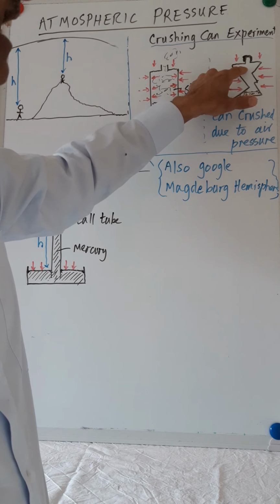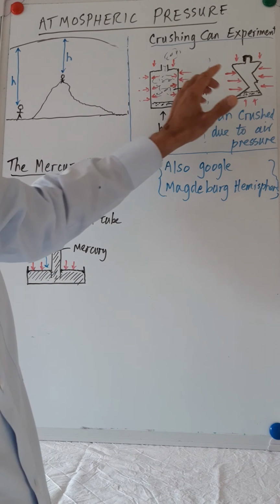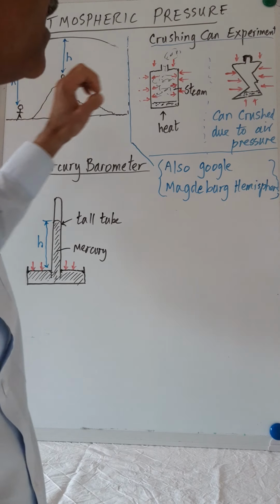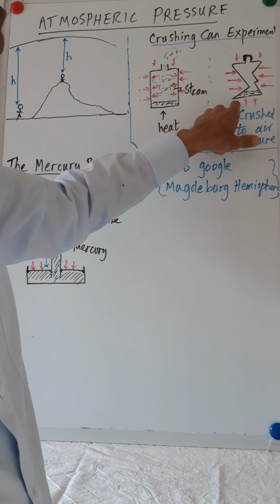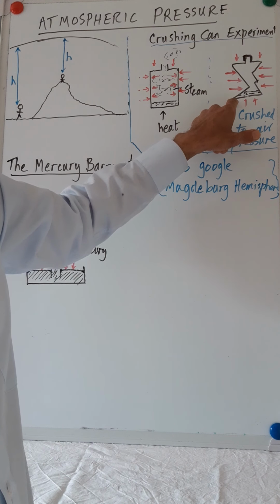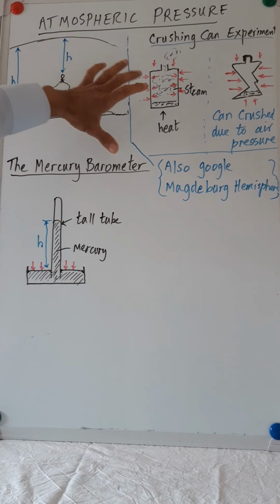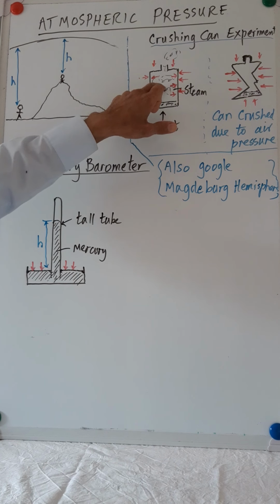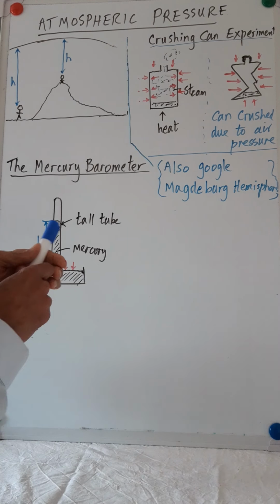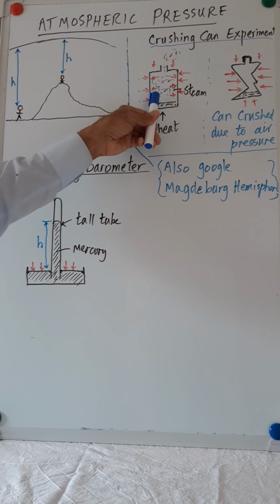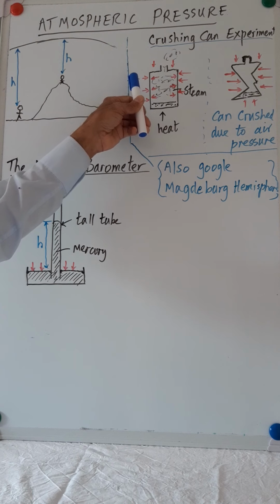Now, when there is a vacuum inside, you'll find that the air pressure squeezes the can and it crushes into this kind of shape. Here the can didn't get crushed because it was open to the air, and there's air inside it which is also exerting the same amount of pressure as the outside.